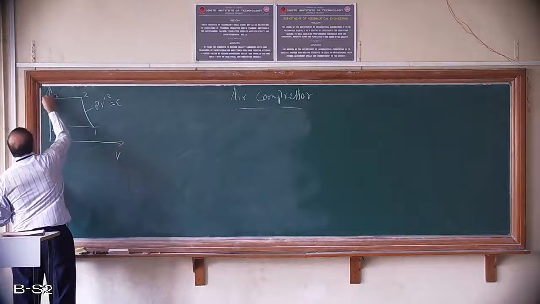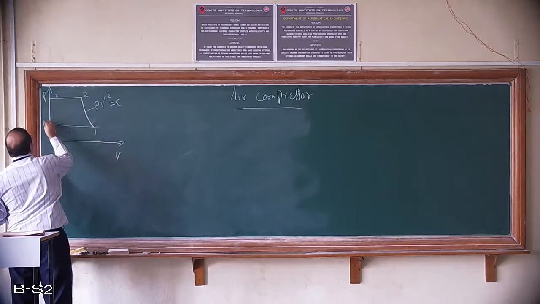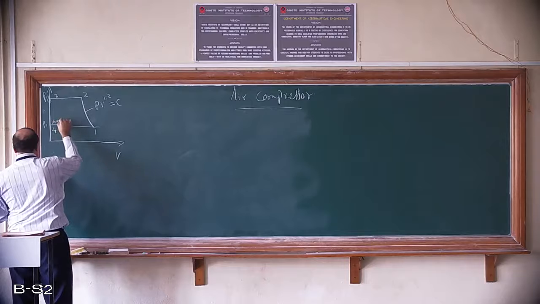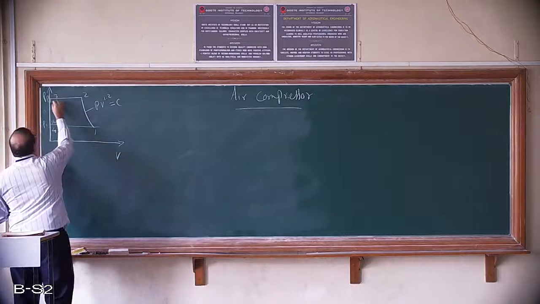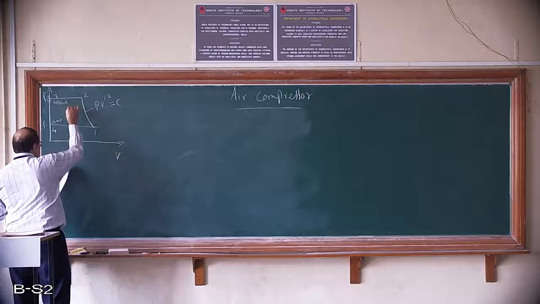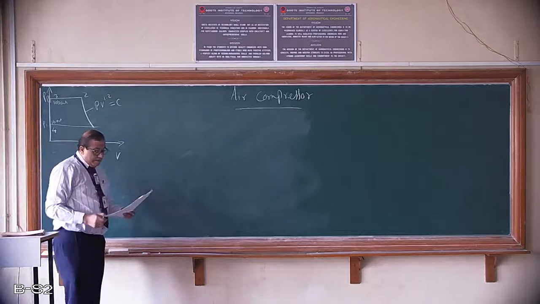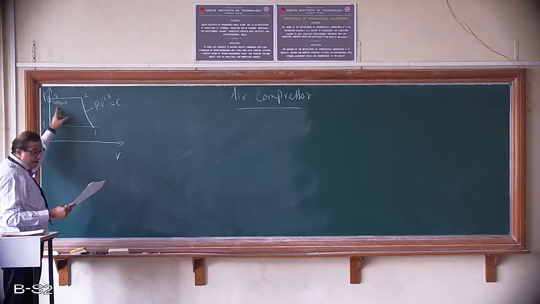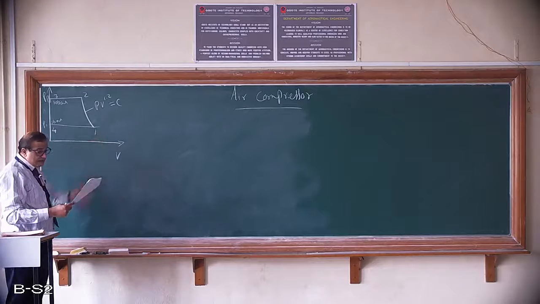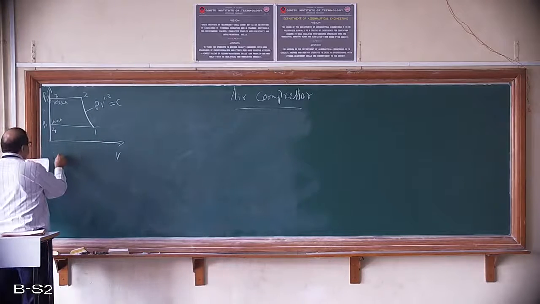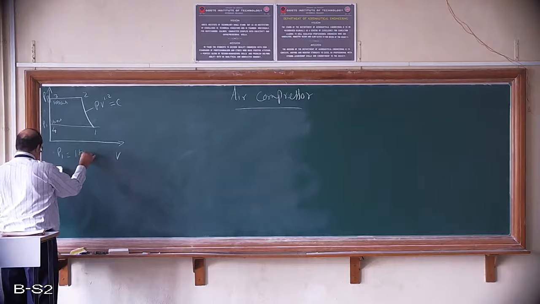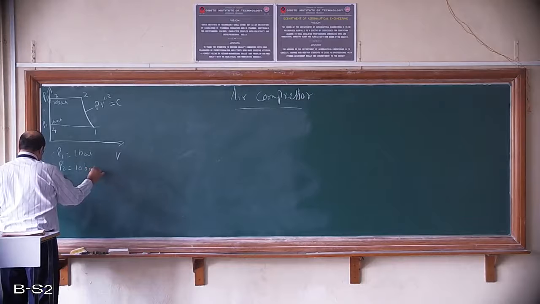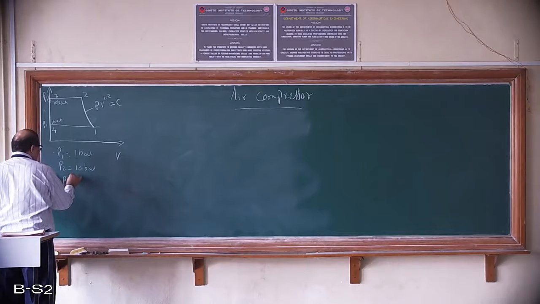So, this is pressure, volume, this is P1 and P2. P1 is given as 1 bar, and P2 at 10 bar. So, the problem given here is P1 as 1 bar and P2 at 10 bar, PV to the power of 1.2 is equal to constant.